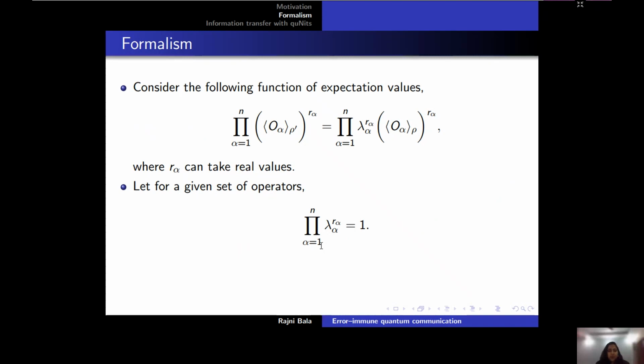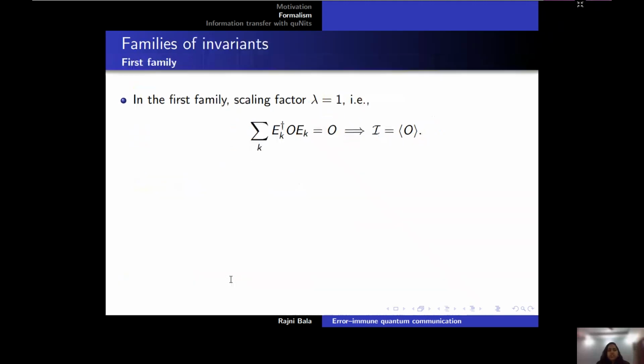Now, this quantity in itself has a very complex structure. Therefore, we categorize these invariants into three different families. So let's start with the first family. In the first family, we assume that the scaling factor lambda is simply 1.